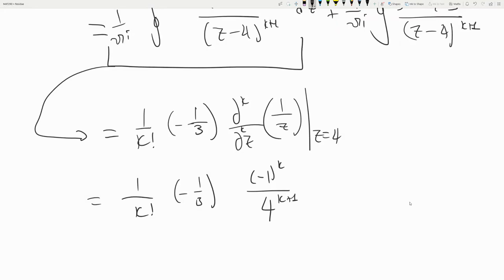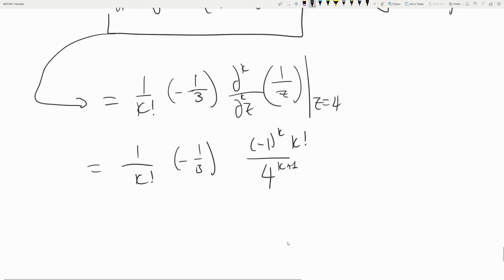And I'm also picking up a power, so k factorial. All right, so these guys cancel out. So if you like, minus 1 over 12, and then to the k plus 1.